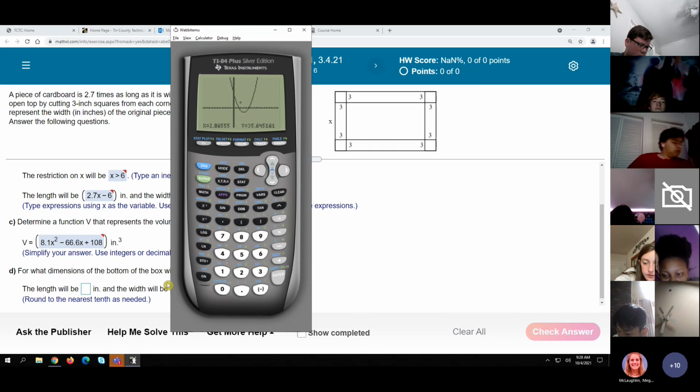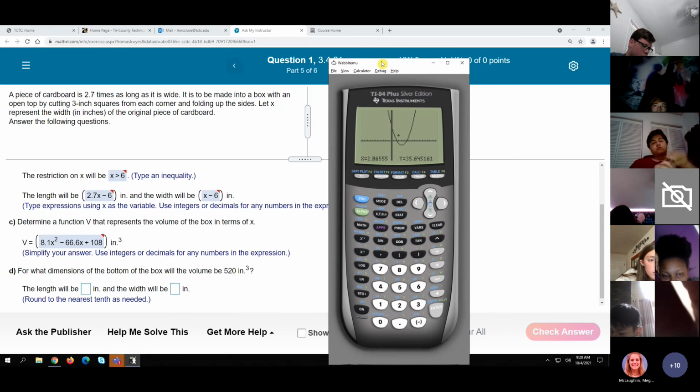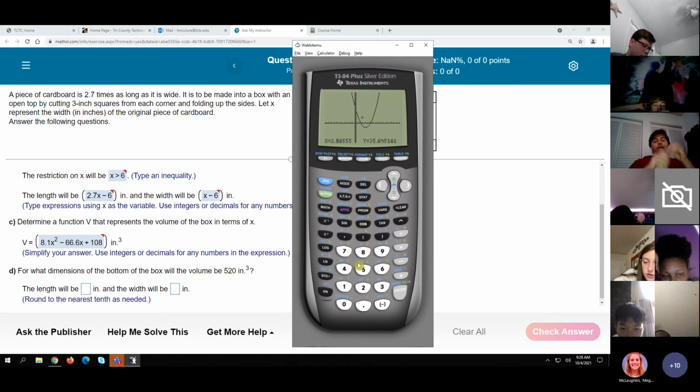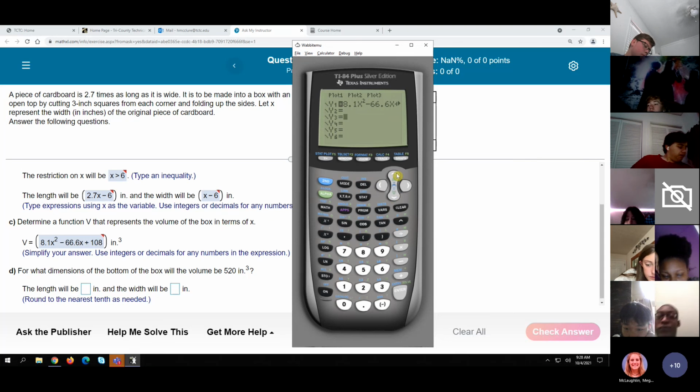And they asked for what dimensions will the volume be 520. So let's do 520. Graph y is equal to 520 and graph.